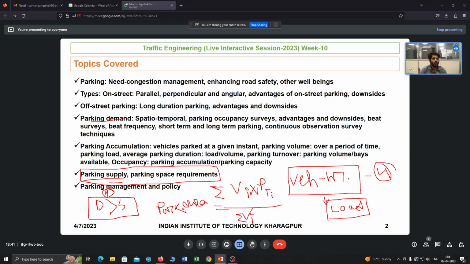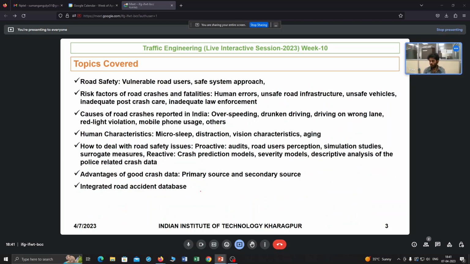We can do this in a smart way, and this kind of management is very useful if you build a mobile app which can do that. So this is parking management and parking policy.